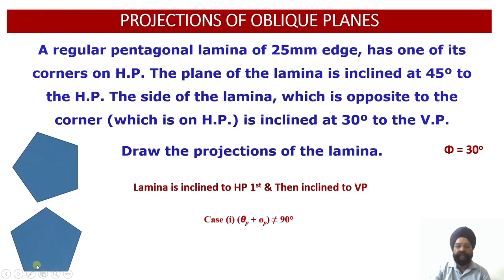If we draw the pentagonal lamina in this orientation, then whenever the lamina is inclined at an angle of 45 degree to the horizontal plane, the edge view drawn on the XY line can be lifted this way or this way. Either way, we lift the edge view such that the surface of the lamina is inclined to the horizontal plane at 45 degree.